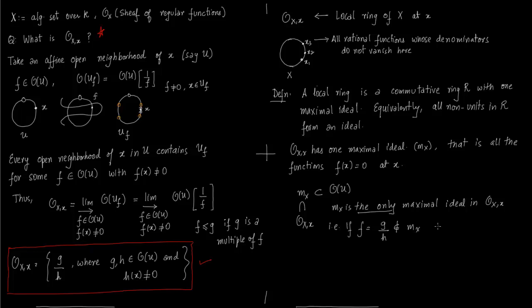So if f is not in m_x, that means f is not 0 or g is not 0. So then 1/f, which is h over g, is in O_{X,x}. Yeah, that is, only the units are out of the maximal ideal. Basically because we take all fractions, that's why we have the maximal ideal, and the maximal ideal is precisely all those functions which vanish at that point.